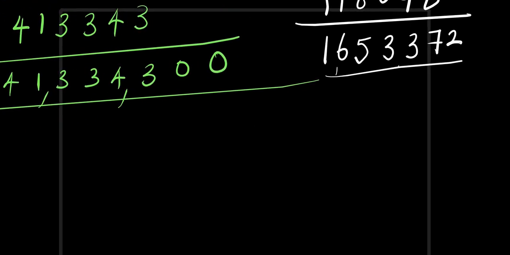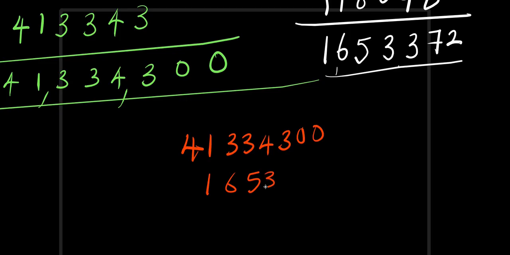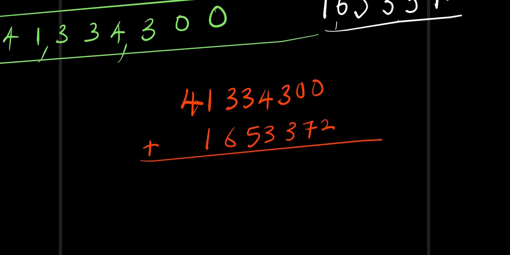So the final step will be to add 41,334,300 plus 1,653,372. We add these two numbers together. So 0 plus 2, 2, 0 plus 7. This is 6.